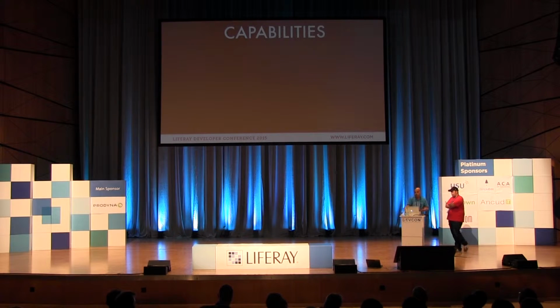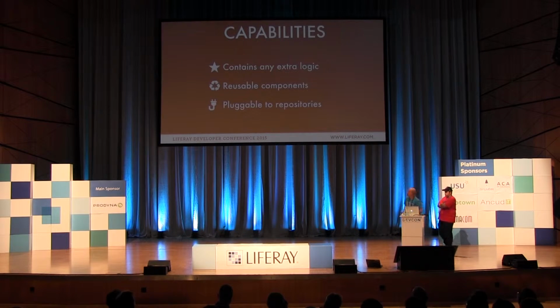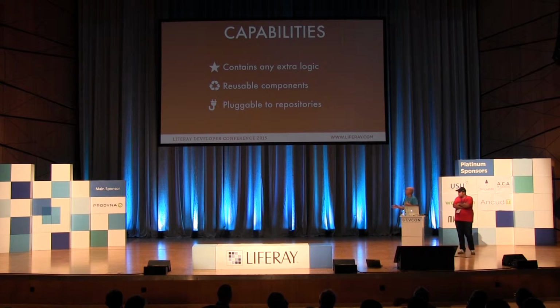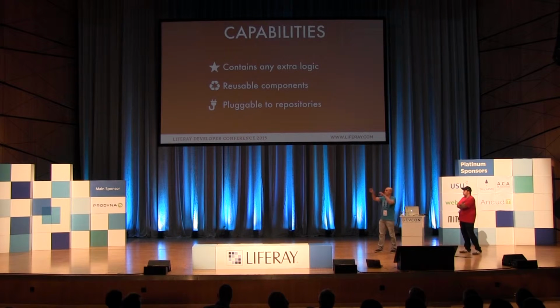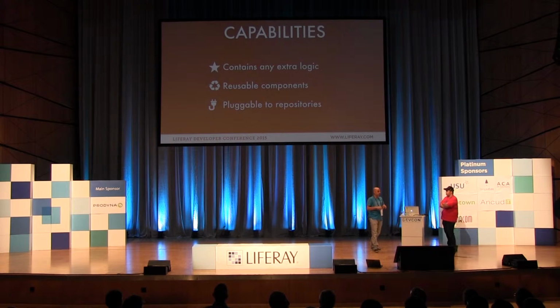So what we did was we created these capabilities. Basically, what they are, well, this has nothing to do with OSGi capabilities, so don't mix them up. Basically, what we did was to split all that logic into little packages, little classes. And the idea was for those little classes to be reusable.